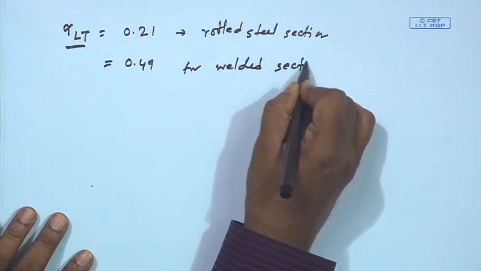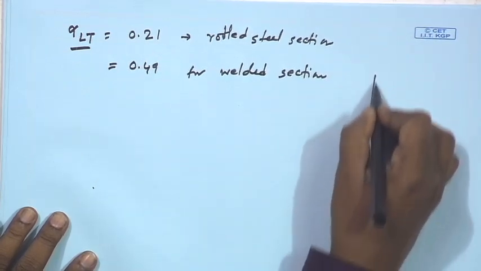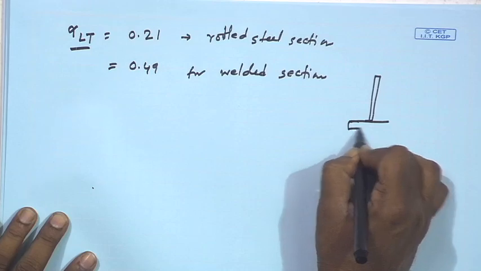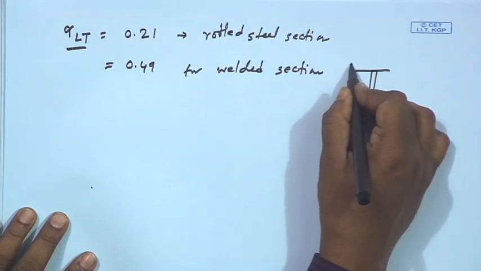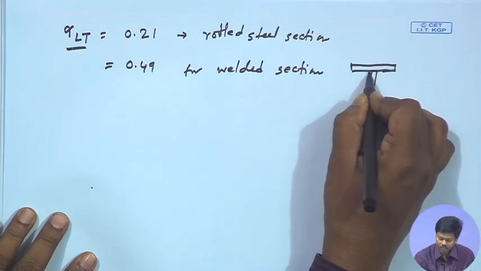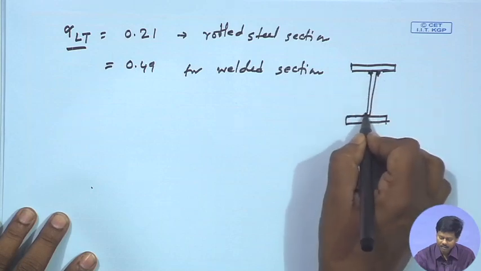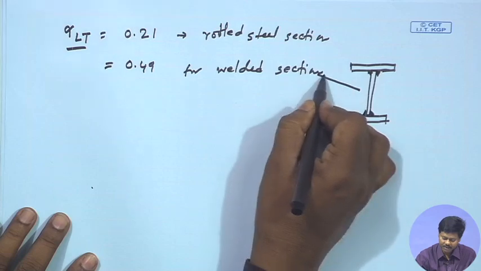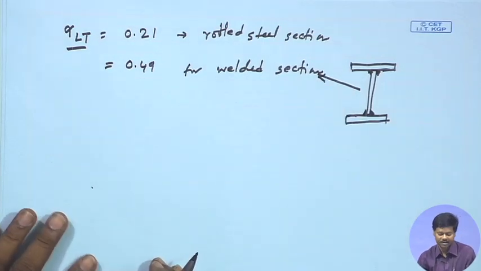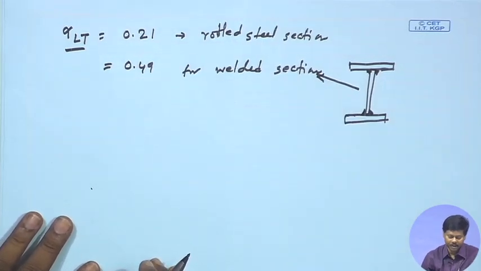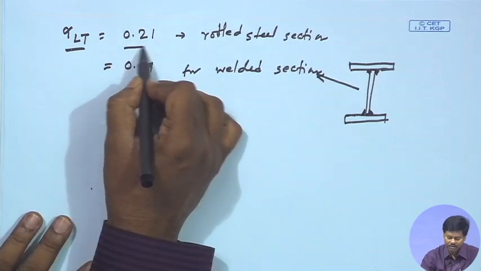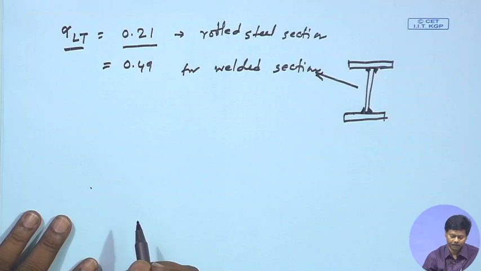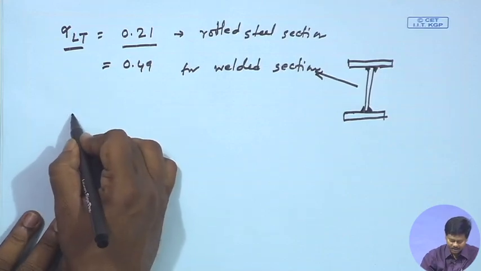That means, if we suppose use a plate to make an I section with the use of welding, then for such type of section we can use alpha LT as 0.49. Otherwise, for the rolled section we can use alpha LT as 0.21, and lambda LT, I have told, is the non-dimensional slenderness ratio.